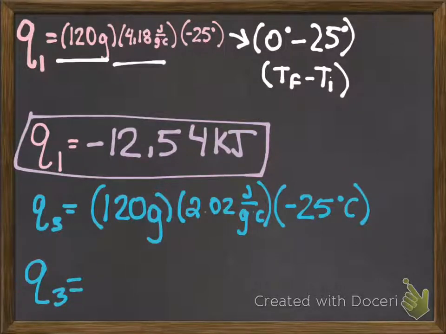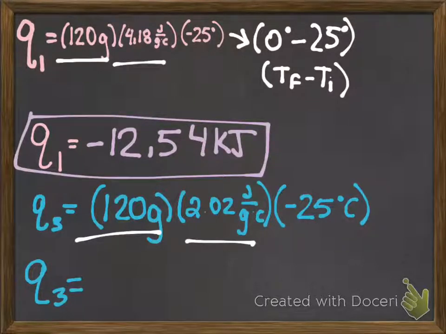So we can now skip to Q3 because this involves the same process, Q equals mc delta T, and we'll do Q2 after, which involves a different method. So for Q3, you just plug in your information again. Your mass is still 120 grams, but instead of having a solid specific heat, you will be having a liquid specific heat, which would be 2.02 joules over grams degrees Celsius.